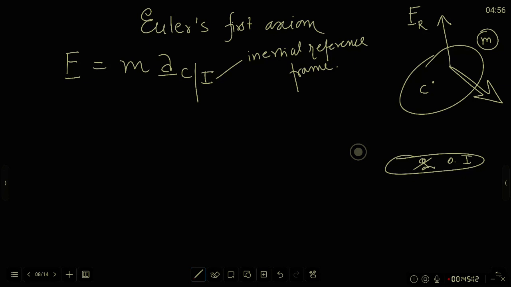Now, as far as the first axiom is concerned, it is easy to handle. F will be a known vector, mass is known, ACI is a vector that can be directly found using this relationship. F divided by M will give you ACI. And then if you want, you can time integrate to get velocity, and time integrate velocity to get the displacement of center of mass.